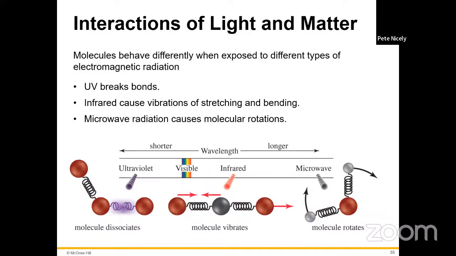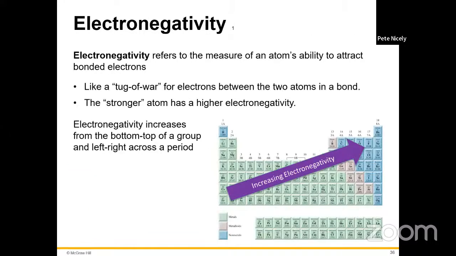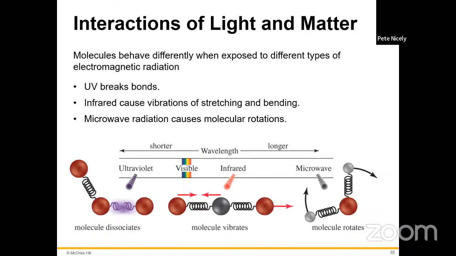So basically, the effect that the radiation will have on a molecule is largely dependent on the amount of energy that the radiation has, right? If the radiation energy is strong enough, it can cause bond breaking. If it is not as strong, it can cause vibration around bonds. Or if it's not even as strong as infrared, in the case of microwave, it causes rotational motion. All right? Okay.